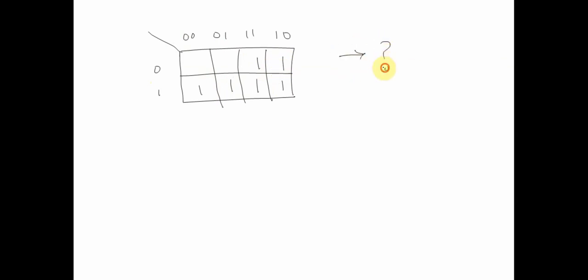How do we group them? Remember our aim. Our number one aim is to have fewer OR inputs. So we need to cover everything with minimum groupings, with minimum terms. Our second aim is to minimize the number of literals in a single product term, so we have to have larger groups.